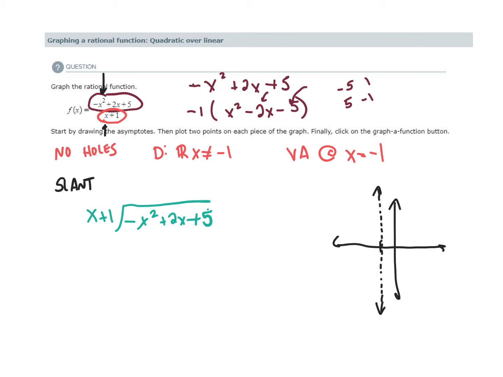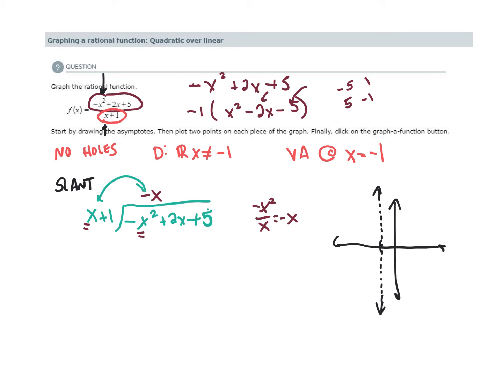So I'll look at the first term in each one and divide it. I'll do -x squared divided by x. There are lots of ways to do polynomial long division; however you like to do it is fine. So -x squared divided by x is -x, and I'll put that up top.